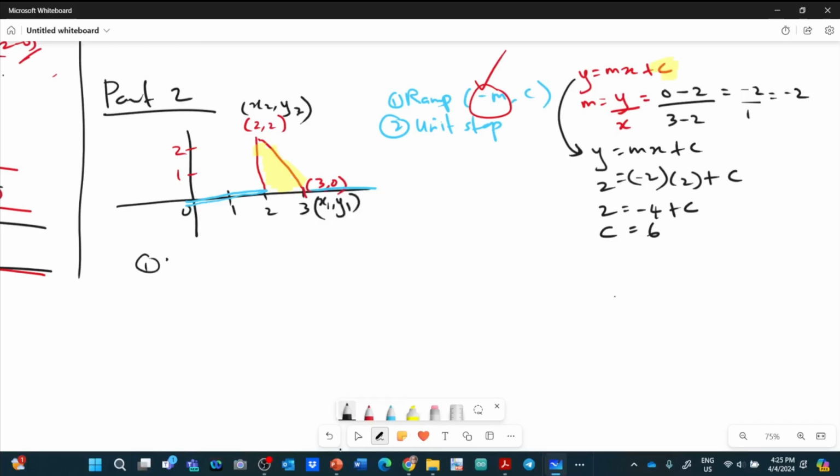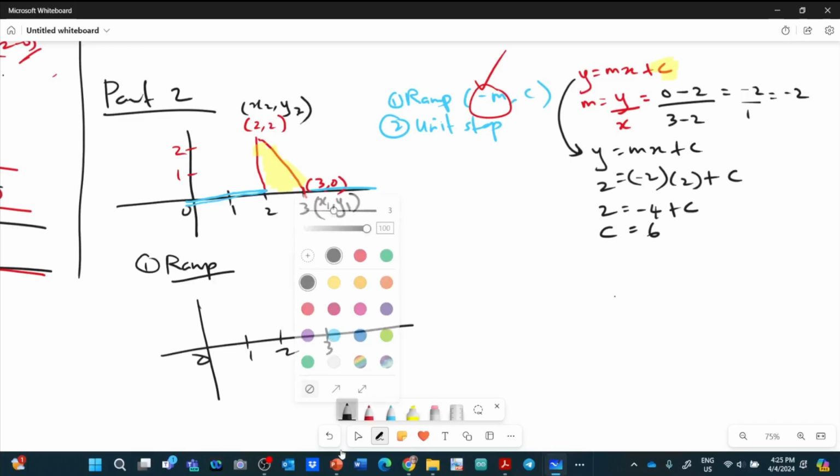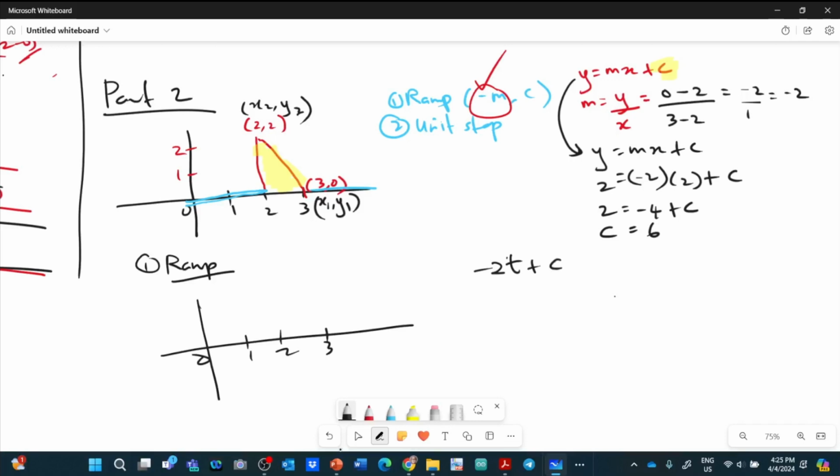Now, let's draw the signal. So, ramp signal. Sekarang ni saya nak draw ramp signal dulu. So, kita dah settlekan ramp. So, let's draw that with the same axis dengan yang atas tadi. 2, 3. Okay. So, you have ramp. You know that you have minus T plus 6.